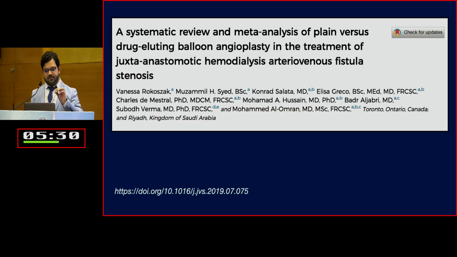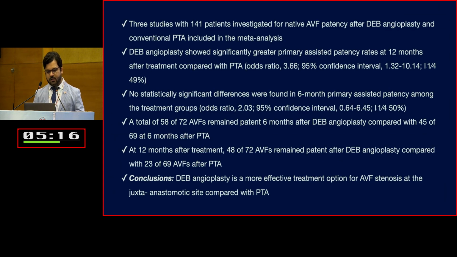Again, there are numerous studies, so it is better to focus on a systematic review and meta-analysis of all the studies and what they say. So I've tried to include the systematic reviews and meta-analyses. This was another study published in the Journal of Vascular Surgery: 3 studies, 141 patients, DEB compared with normal balloon angioplasty.